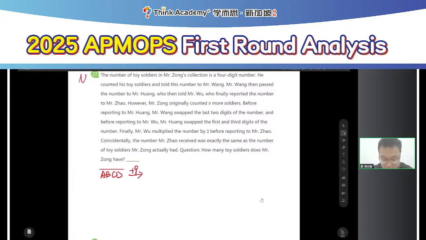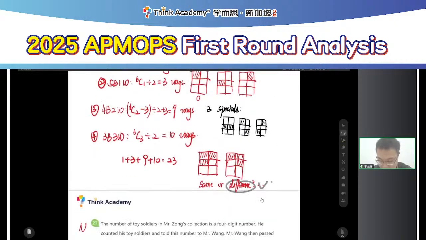So now it says that the flip and rotate. Hey, wait for a while. What about flip and rotate? The problem is if it's flip and rotate, then the answer is wrong. Yeah, you're correct about this one. What if we flip and rotate?